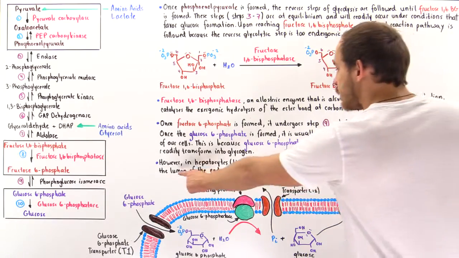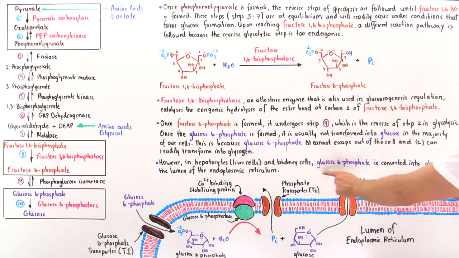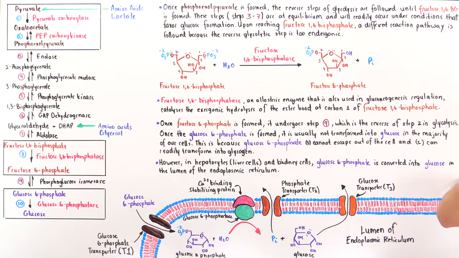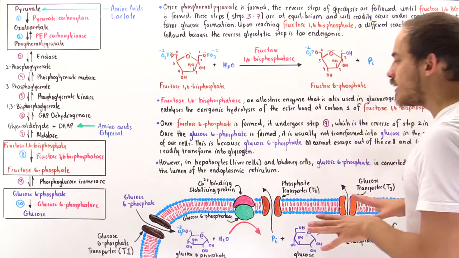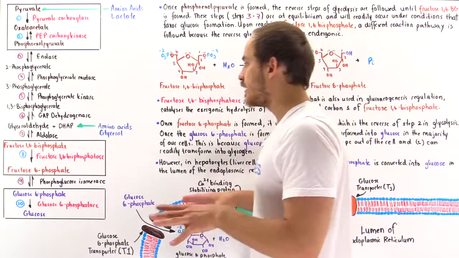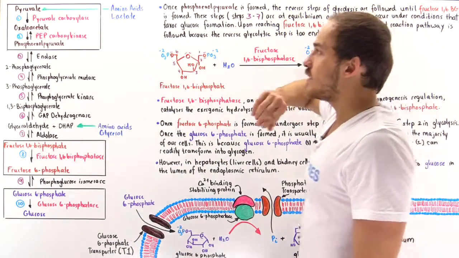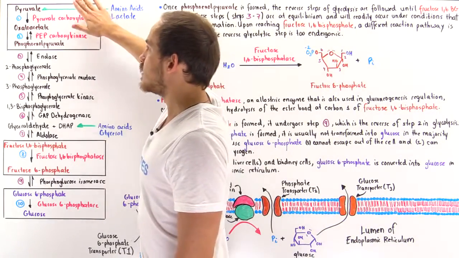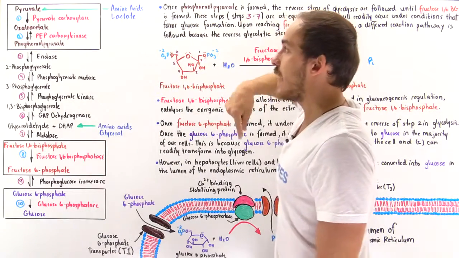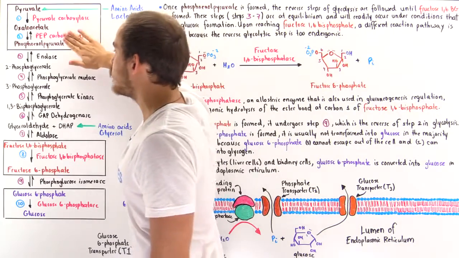So we see that in hepatocytes, liver cells, or kidney cells, glucose 6-phosphate is converted into glucose, and this takes place in the lumen of the endoplasmic reticulum. So let's summarize our results. We have step 1 that takes place in the matrix of the mitochondria. Step 2 takes place in the cytoplasm.